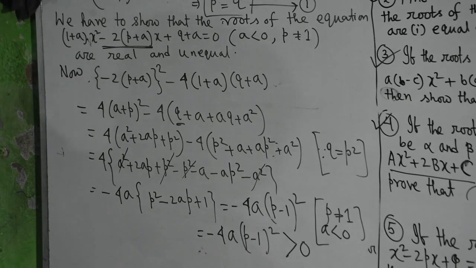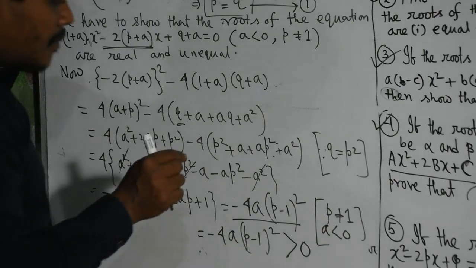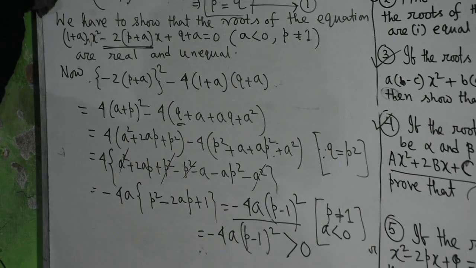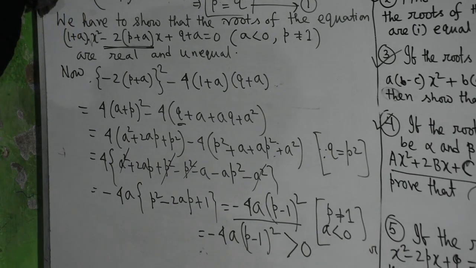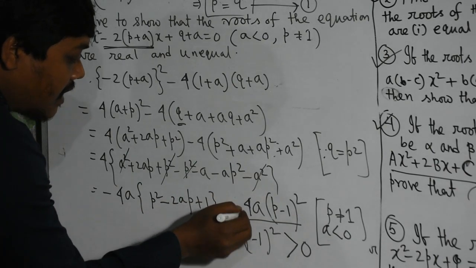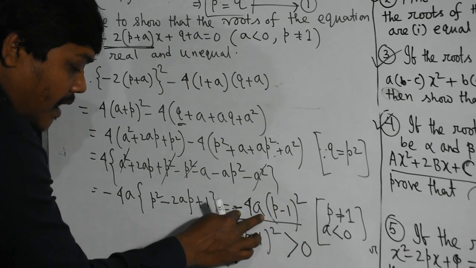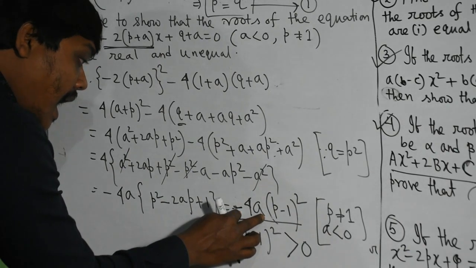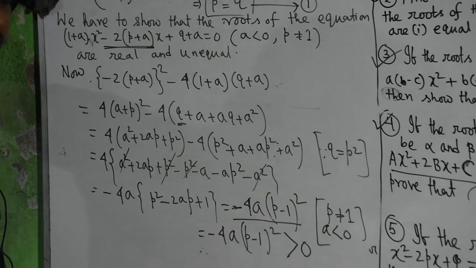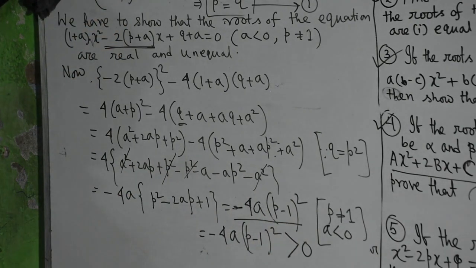Am I right or wrong? You see this expression, according to your question, p is not equal to 1, so p minus 1 is not equal to 0, and (p minus 1) whole square is always positive. The multiplication of two positive quantities is always positive. That's why this is strictly greater than 0.